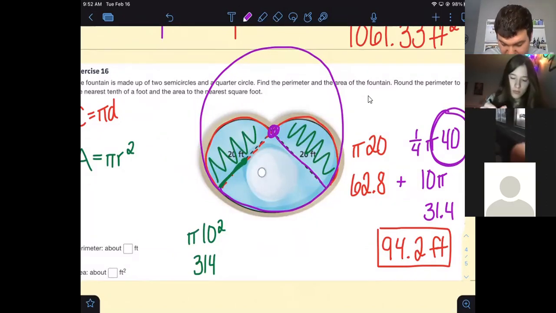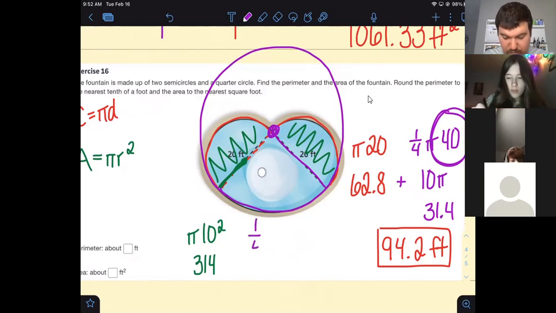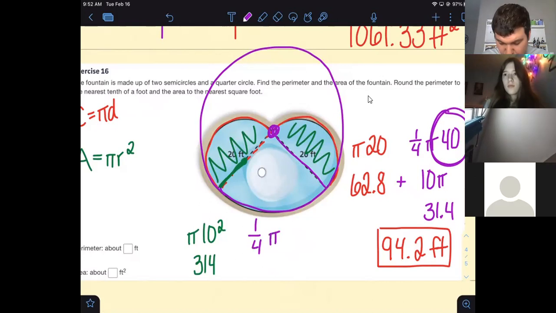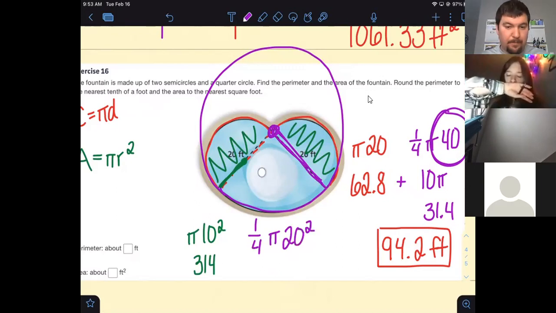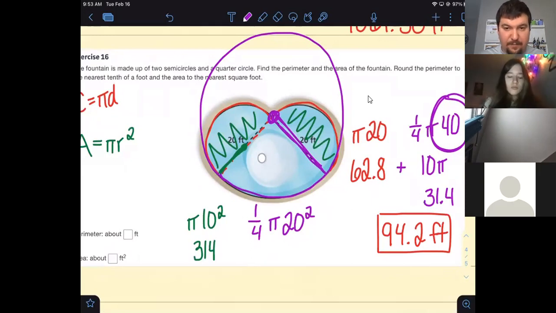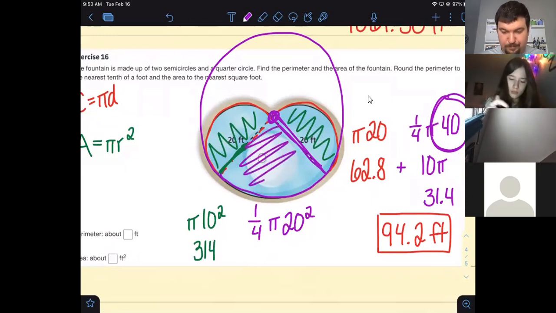So I'm going to again do 1/4, because it's a fourth of a circle, times pi times the radius, which is 20 feet, squared. I'm doing a fourth of that because it's not the full circle. I only want this chunk of it.